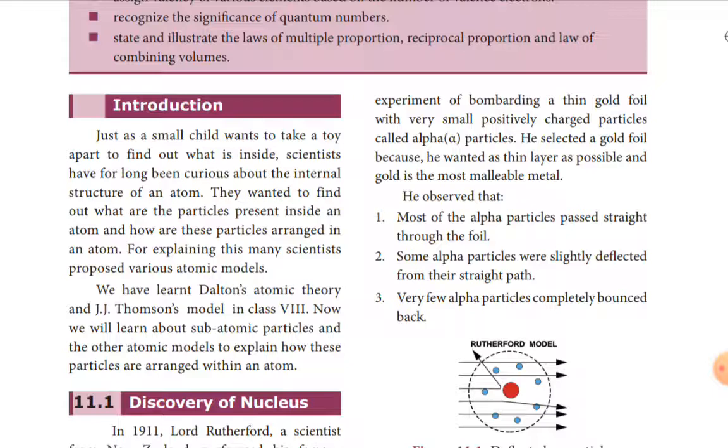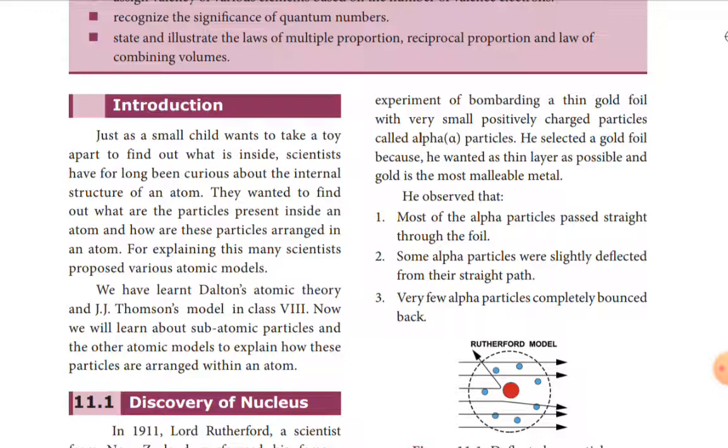Gold is the most malleable metal, and the gold foil was about 1,000 atoms thick. Such a very small layer can be obtained using gold foil. That's why he selected gold foil.